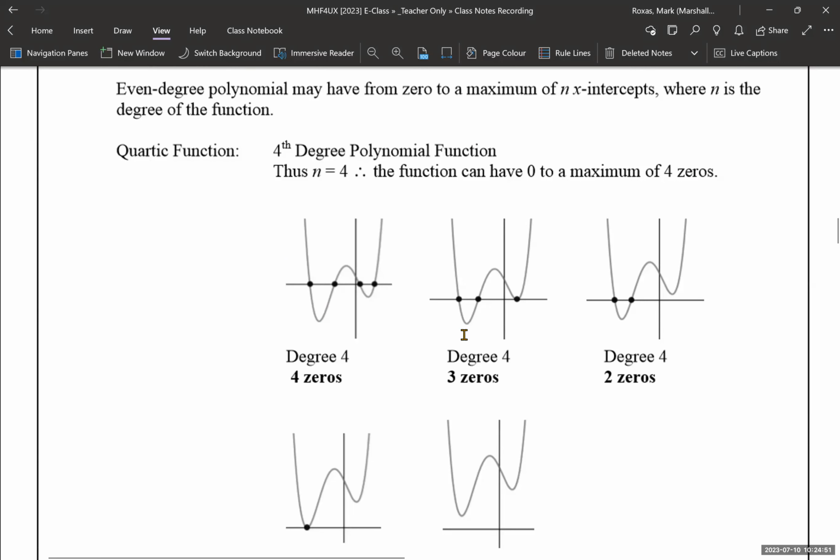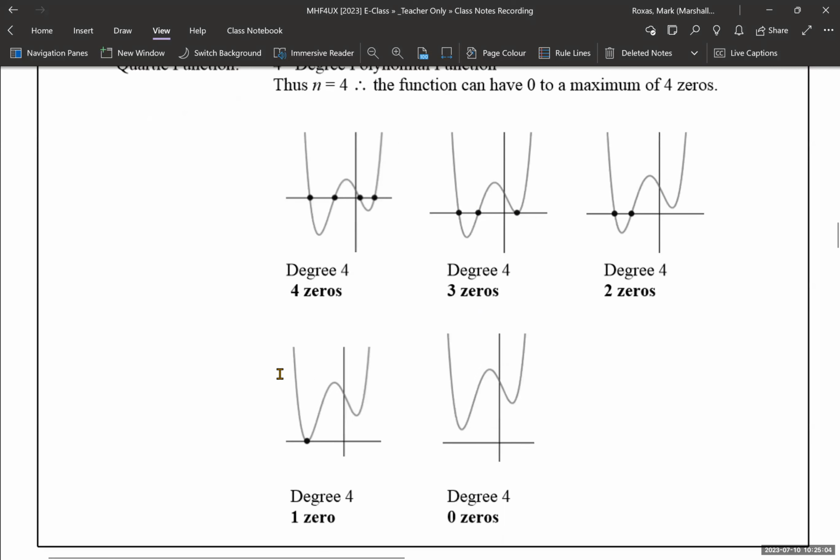It could be degree 4 with 3 turning points, but only 3 zeros. Degree 4 with 3 turning points again, but only 2 zeros because the other turning points happen above the x-axis. Here's another one with degree 4, again 3 turning points, but only 1 zero, 1 root, 1 x-intercept. And here's one degree 4 function with no zeros at all. Everything is completely above the x-axis.